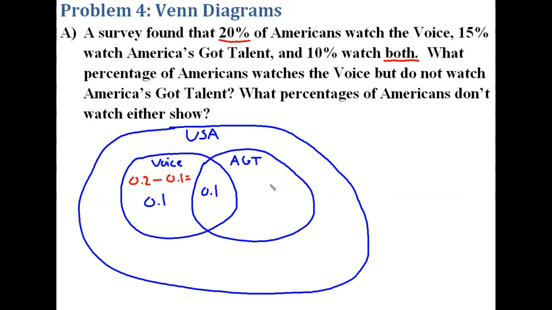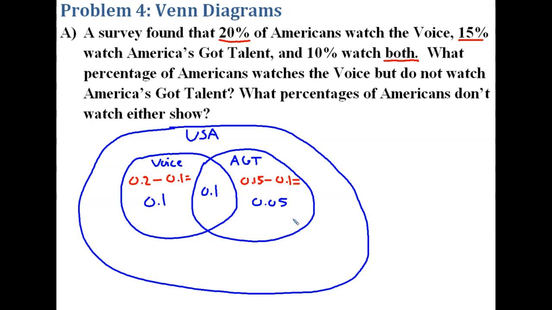Okay, we'll do the same thing for finding the people who just watch America's Got Talent without The Voice. We'll take the 15%, so 0.15, and again subtract the overlap, the 0.1, which is going to leave us with a 0.05 probability that they watch just America's Got Talent and not The Voice.